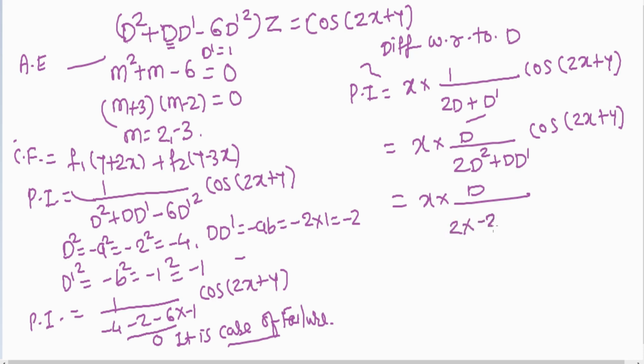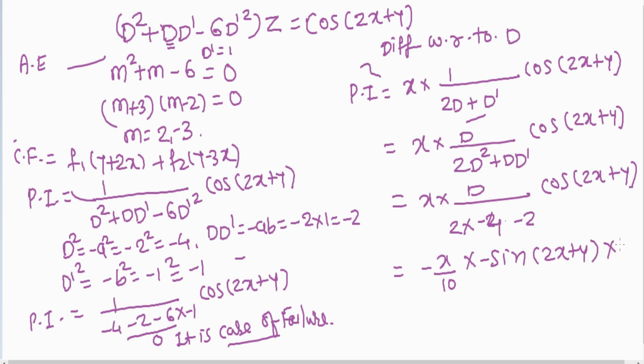What is D squared? D squared is minus 4. So D into (2 into minus 4 minus 2) cos of (2x plus y) gives minus 10, so minus x divided by 10 into the derivative of cos, which is minus sine of (2x plus y) into 2. Minus minus gives plus, so x into sine of (2x plus y) divided by 5. This is the particular integral. Hence the complete solution is again equal to complementary function plus particular integral.